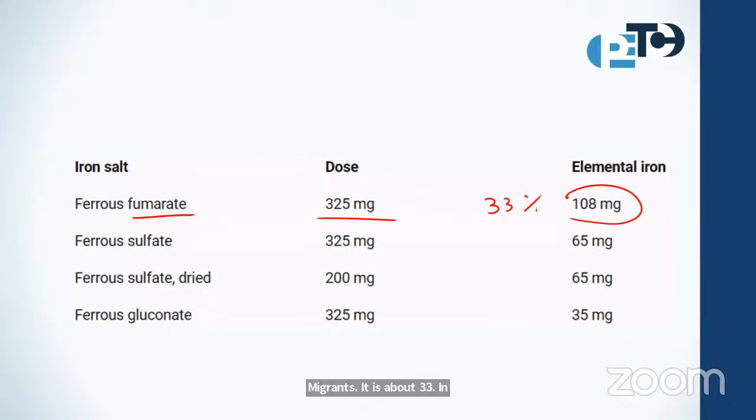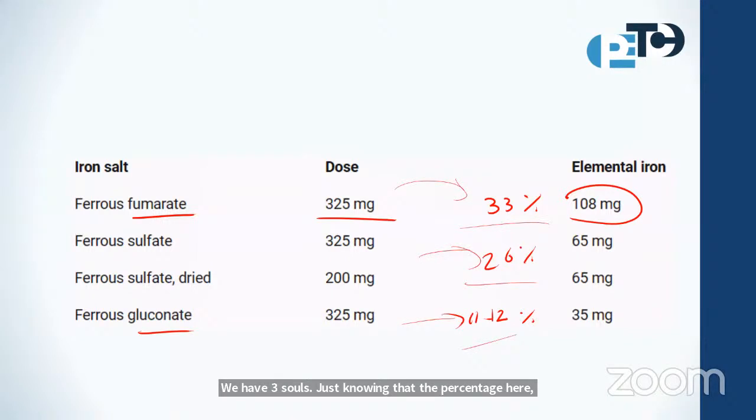In the sulfate, it is an average of 26%. While the gluconate, you'll find that it is from 11 to 12%. Yes, you should know the percentage. It's not a big deal or a difficult one. We have three salts, just knowing the percentages: 33%, 26%, 11 to 12%. Okay?